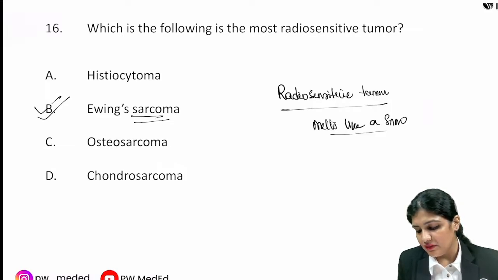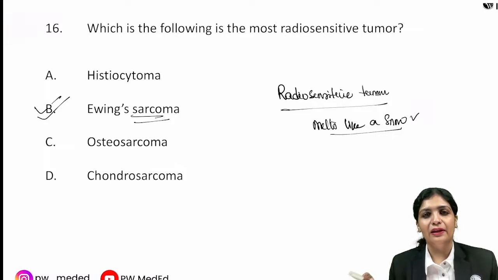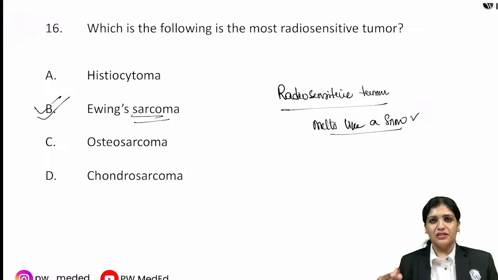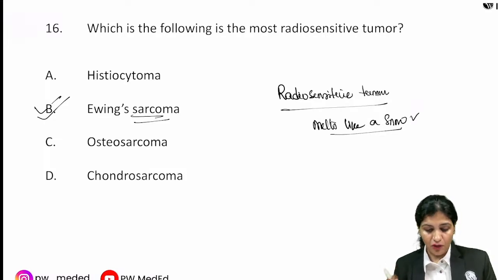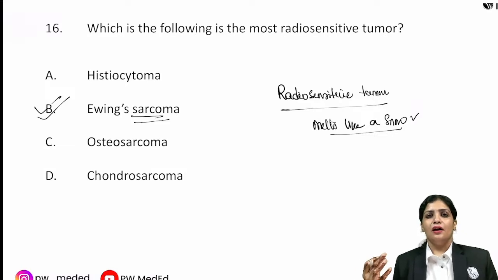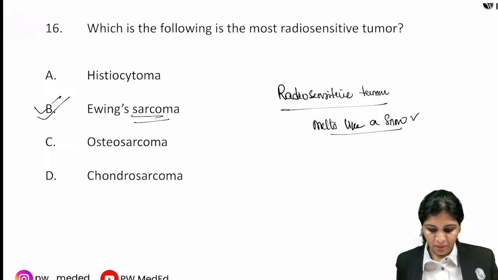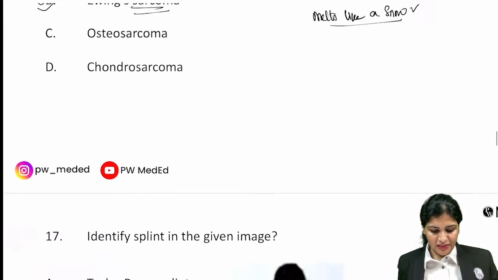So classically, the Ewing sarcoma, when it is subjected to radiation, will melt like a snow. The radiosensitivity is highest in that particular tumor. So that is the Ewing sarcoma. But please mind that the radiotherapy is not a modality or the treatment of choice in case of Ewing's sarcoma. But the most radiosensitive tumor is Ewing's sarcoma. Okay, that is the 16th question.